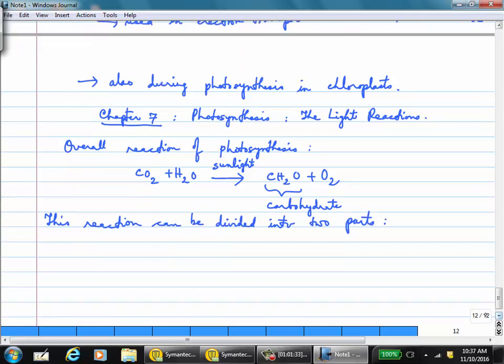The first one, part 1, these are called the light reactions. Also called the thylakoid reactions.